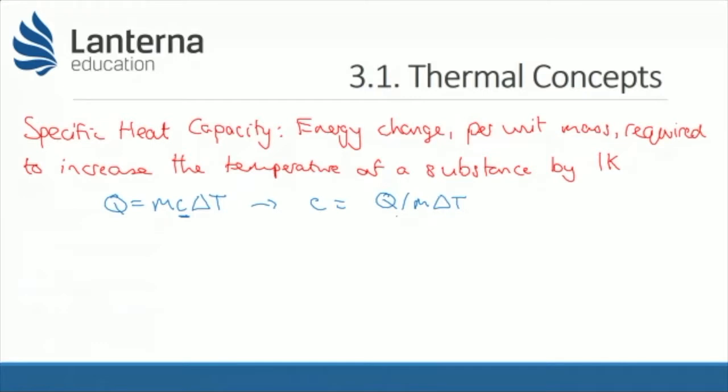Now, what I would do in an exam is I'd normally give both the equation answer and the definition answer, just to make sure I get all the points. But from the equation, we can kind of see where this comes from. So the Q is the energy change, dividing by mass is per unit mass, and the delta T is for a temperature change of 1 Kelvin. If we make delta T equal to 1, then it's just the Q per unit mass, which is kind of what we said.